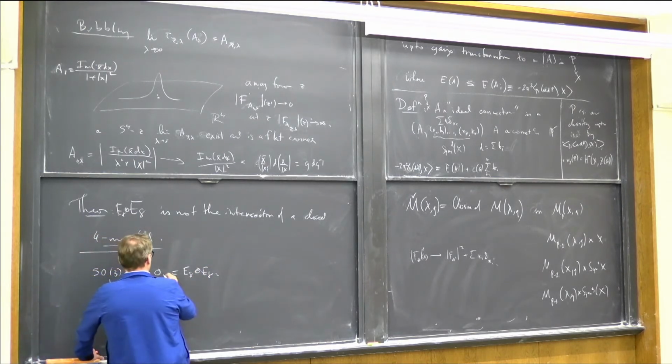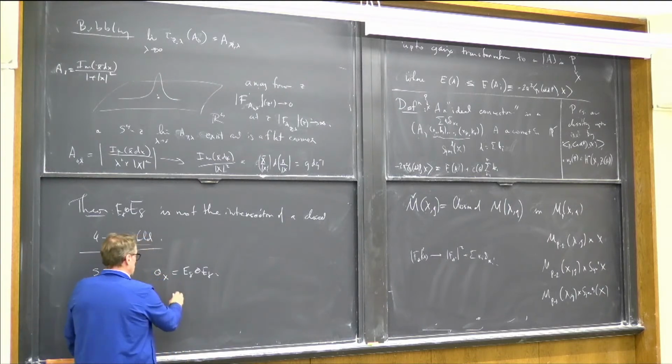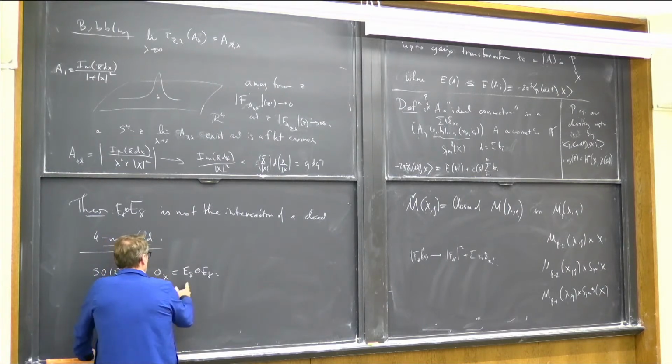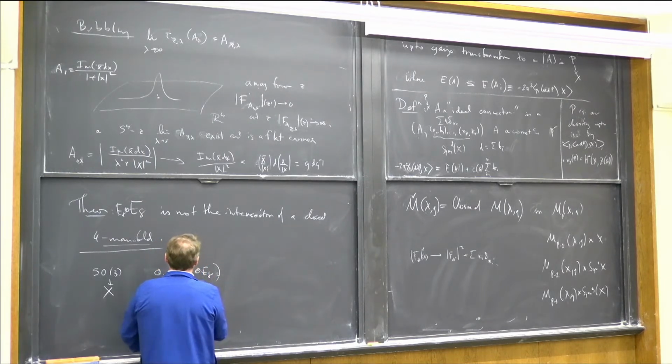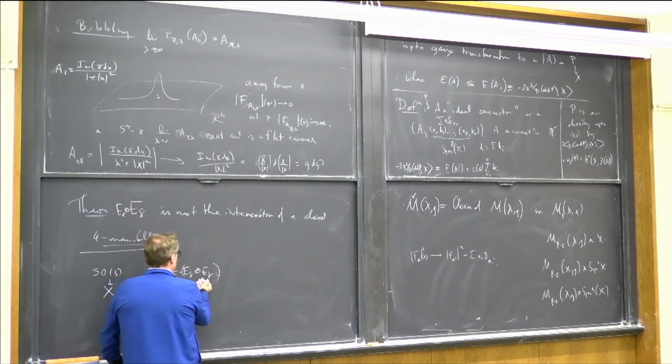Some tiny little bit of technicality is going to happen here. But anyway, I'm going to make it minus E8 plus E8, or if E8 is negative, whatever. I want this to be negative definite. If it's positive definite, I take minus the manifold, so that's not a restriction.